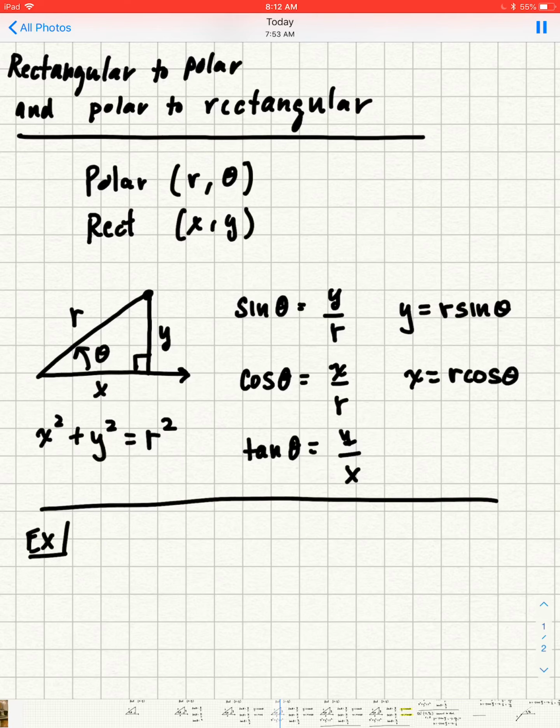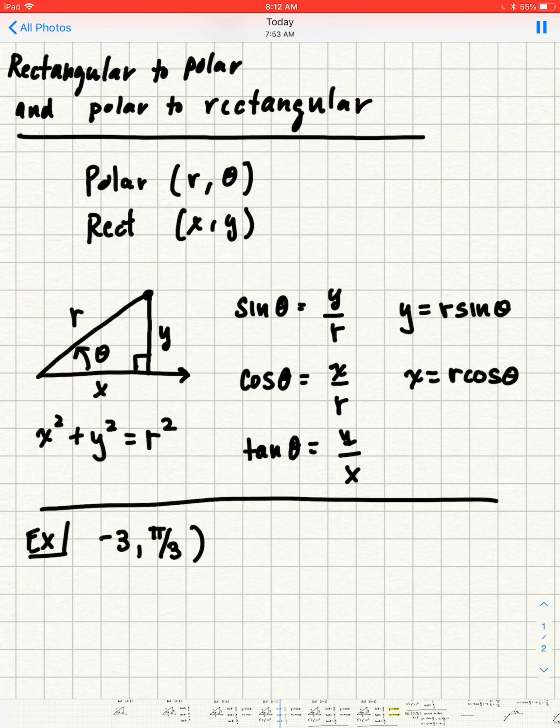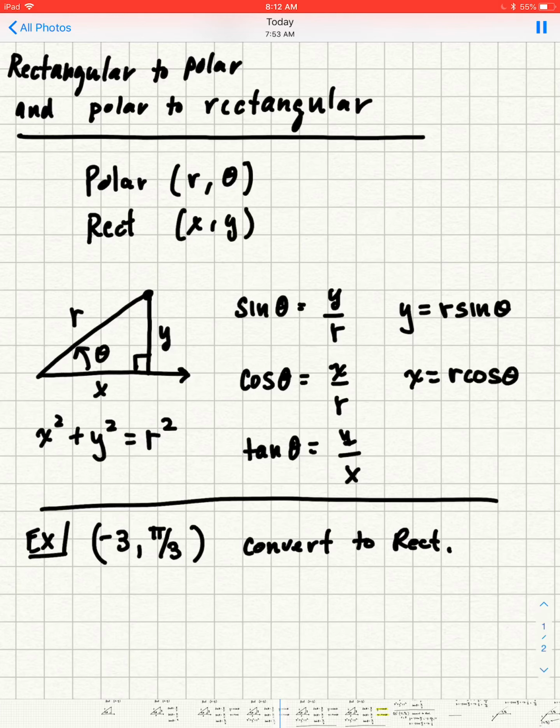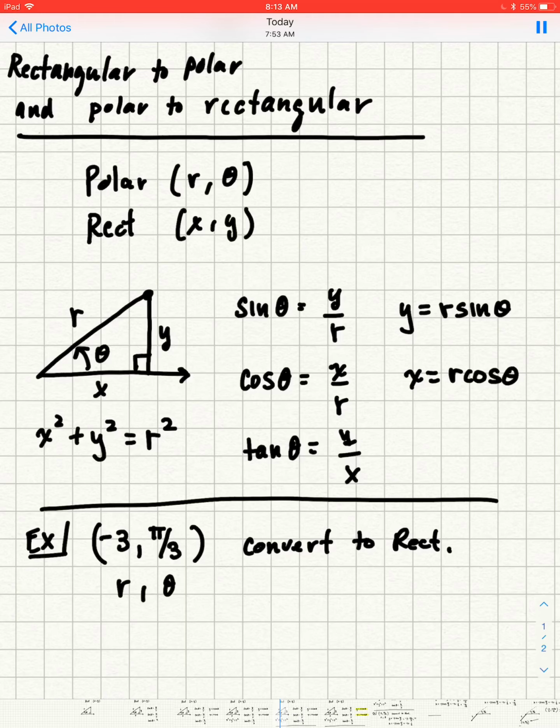Okay, so we could use all of these to convert back and forth. So for example, let's say we have a point negative 3 comma pi over 3, and we want to convert to rectangular. Since we are given r and theta, and we want to find x and y, this one's kind of nice.